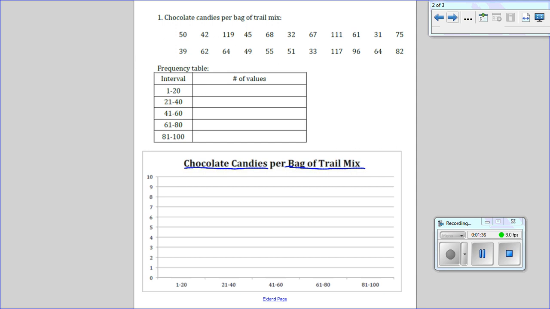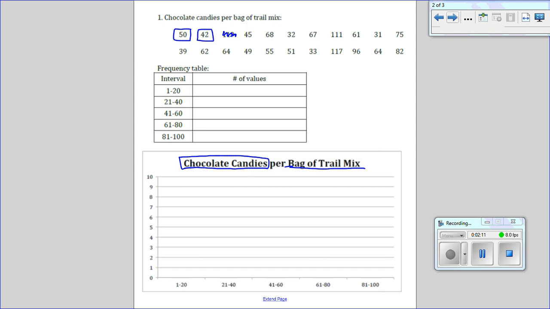So, what a certain person did, they just started opening bags of trail mix and counting all the chocolate candies that were in each bag. They wanted to know about how many chocolate candies are in each bag. So, for instance, they opened up this bag and they counted 50 chocolate candies. Then they opened up another bag and they counted 42 chocolate candies.